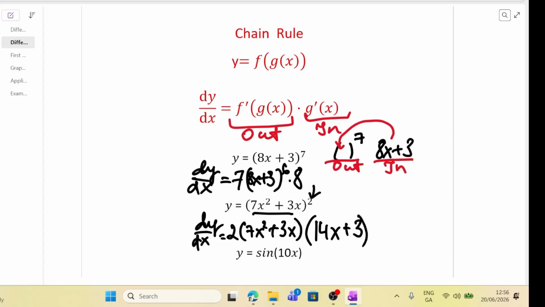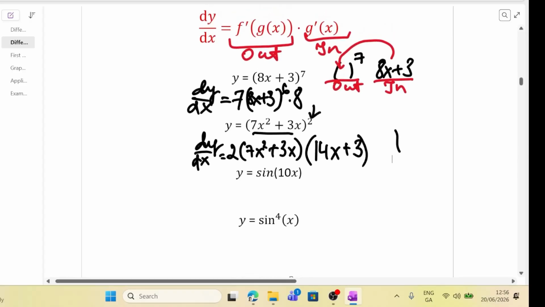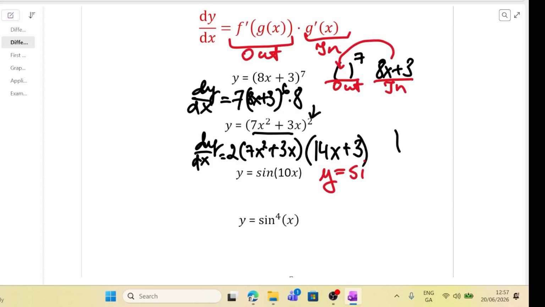Then the next one, guys. When I see something like this, I can see two functions here. One is the sine and another one is 10x. Now, how will I get what is inside and what is outside here? If you don't see it, you can go to your log tables, and you can see that the formula for the derivative has sine of x there.